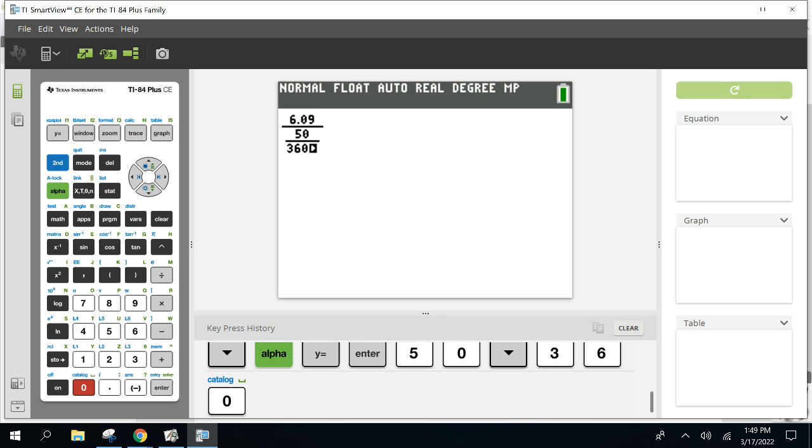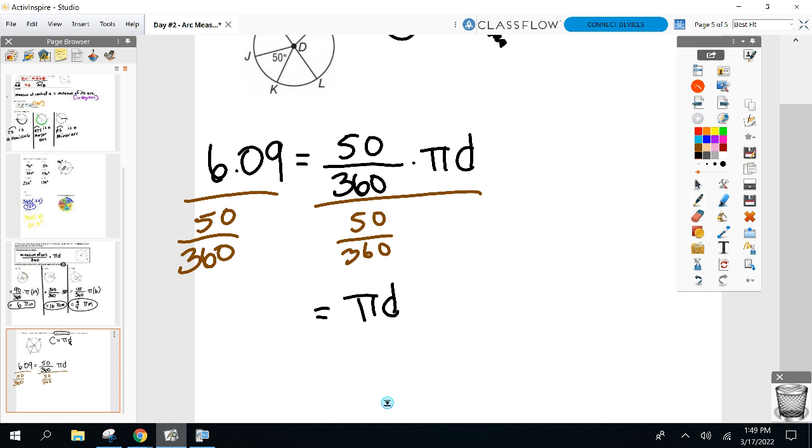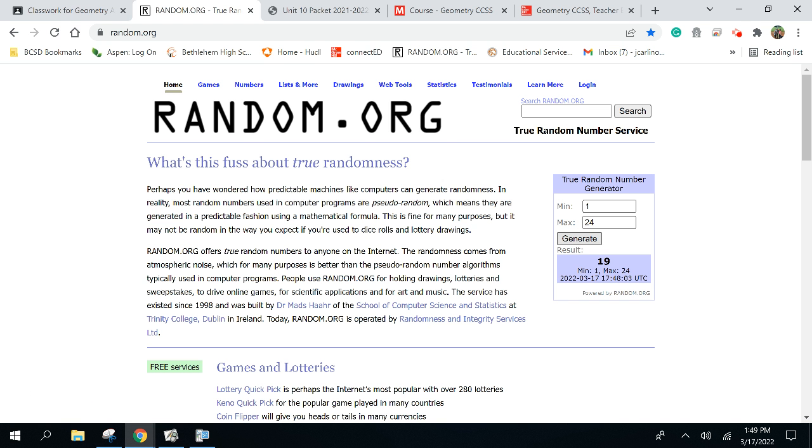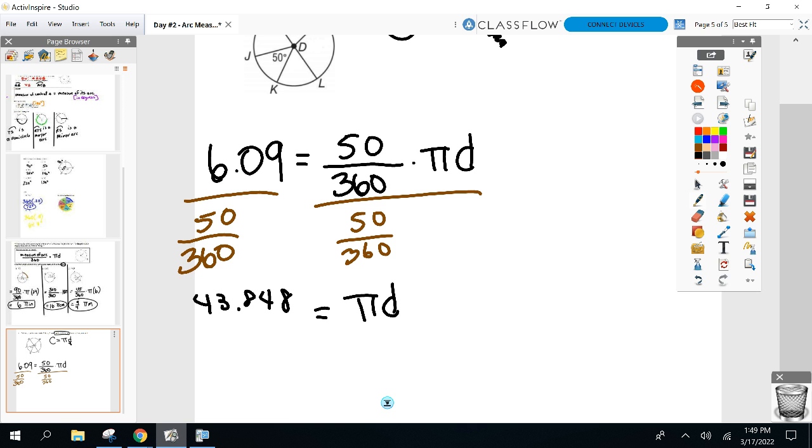There we go, 43.848. And then what do I still need to do to get diameter by itself? I need the diameter for the circumference. What do I need to do still? Divide both sides by pi.